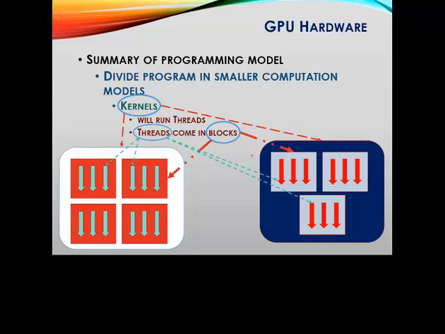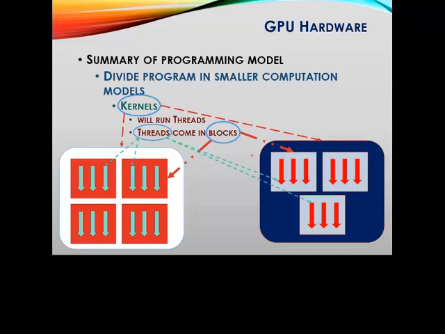The way that our GPU hardware is organized and allows us to write our programs in parallel is by dividing our program into smaller computational models. Those smaller computational models are called kernels. We can consider these kernels as a unit of operation, and this unit of operation could be as simple as just storing a number in an element, or as complex as a very complicated mathematical equation.